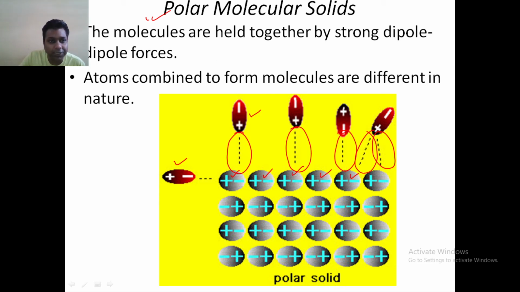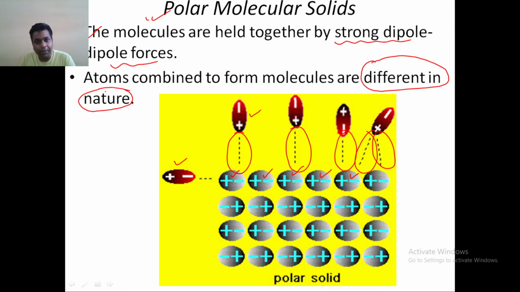That's why it is mentioned here that molecules are held together by strong dipole forces. And again, a very important point: the atoms that combine to form molecules are different in nature. These are the minute points that we need to understand when we have to define something. Because if a question comes to differentiate between non-polar and polar molecular solids, and you understand these minute points, then it will be easy for you to answer.